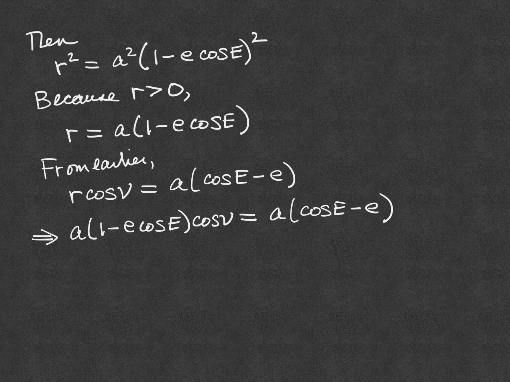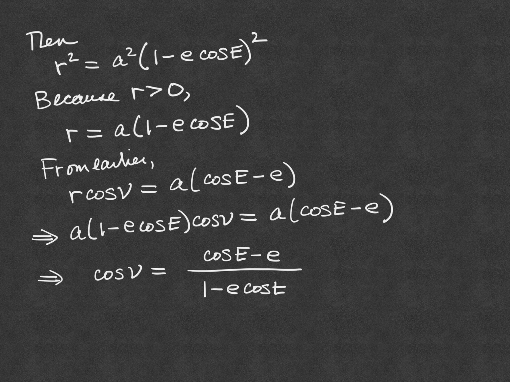So if we solve this for the cosine of nu, we get that the cosine of nu is equal to (cosine E minus little e) all divided by (1 minus e times the cosine of big E). So that's a relationship for the cosine of nu in terms of the eccentric anomaly.